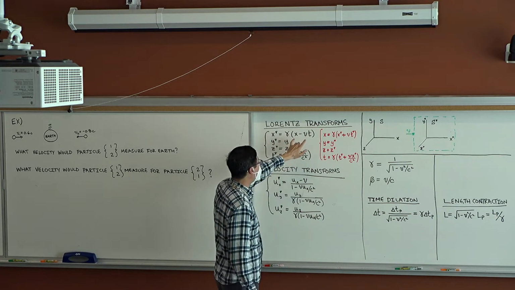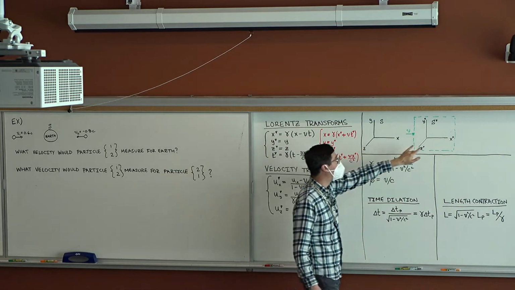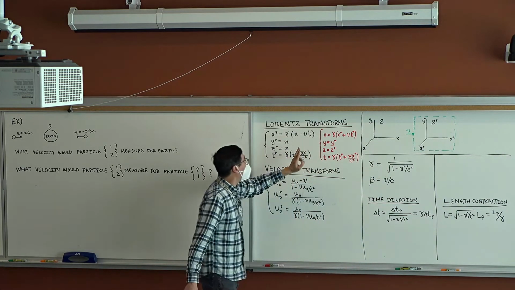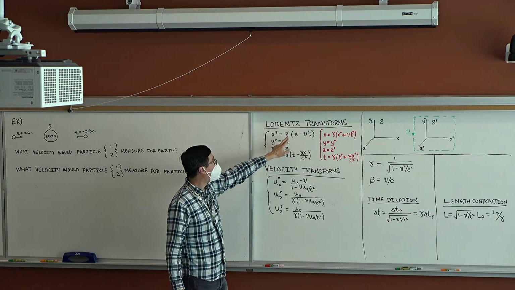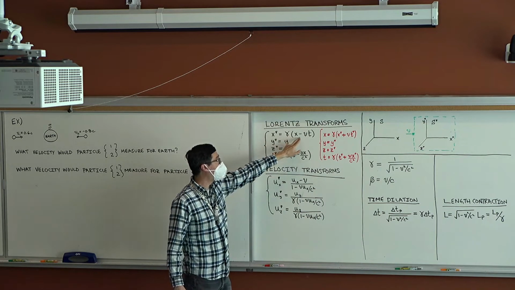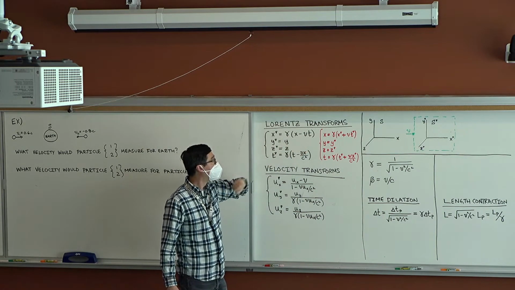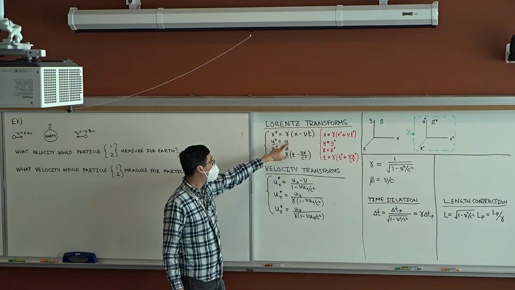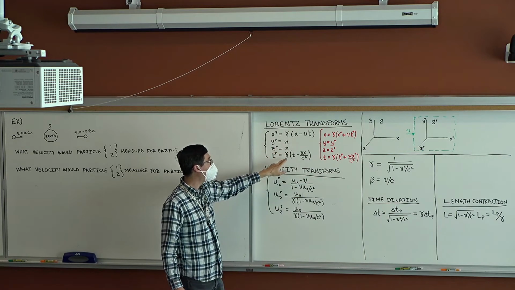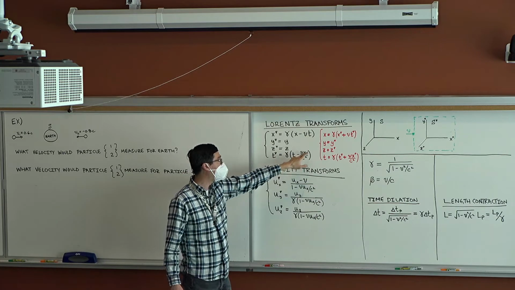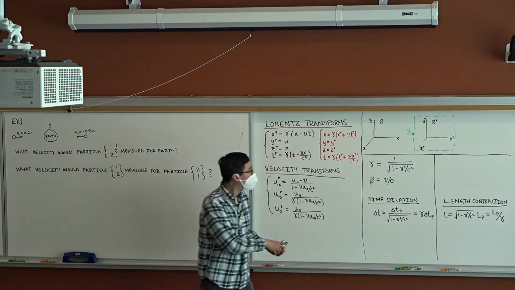And so to go back and forth between measurements in the unprimed and the primed frame, x prime is equal to gamma times the quantity x minus vt. y prime is y, z prime is z, t prime is gamma times the quantity t minus vx over c squared.